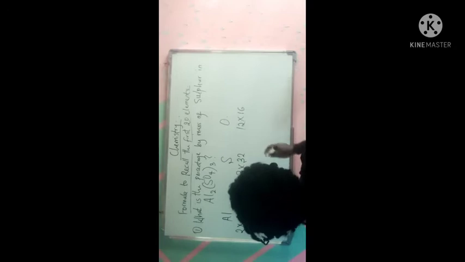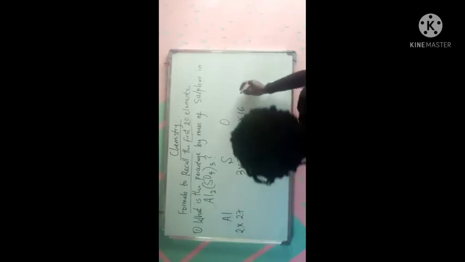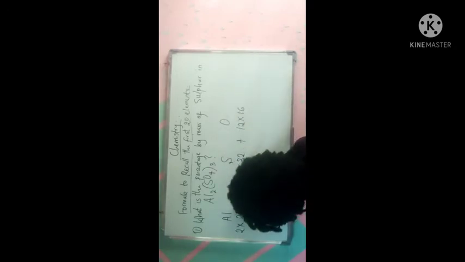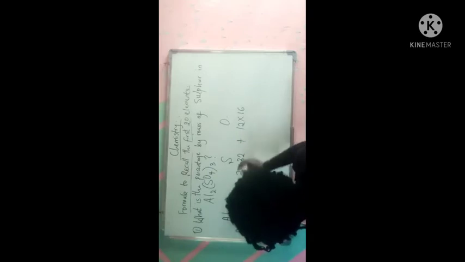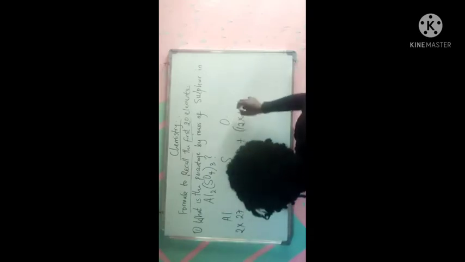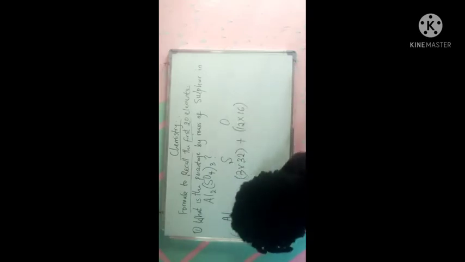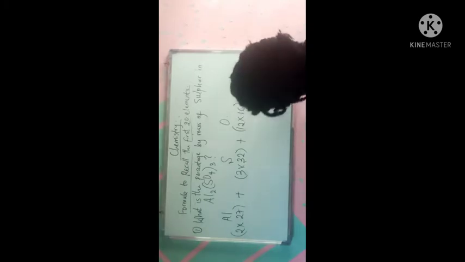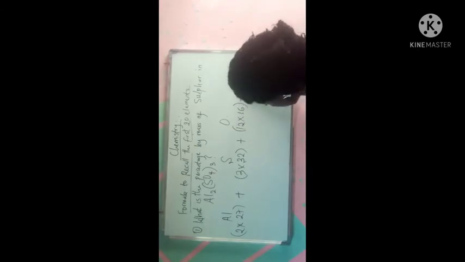If you do that, the summation should give you 342 gram per mole. So that means that this particular compound is made up of 342 gram per mole.